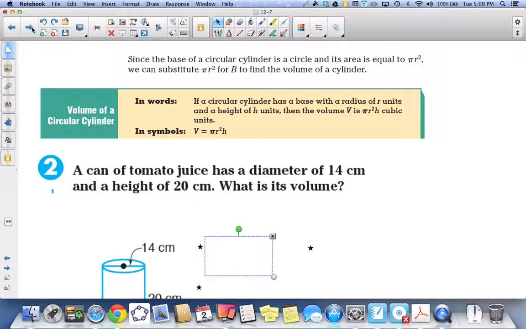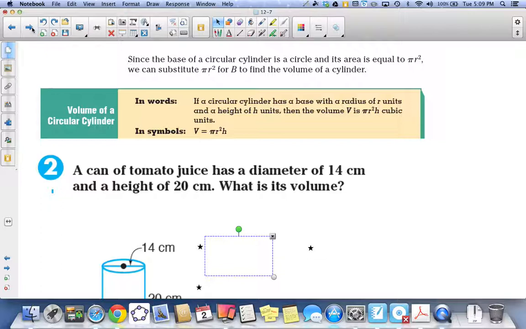After that, let's look at a circular cylinder. Since the base of a circular cylinder is a circle and its area is equal to pi r squared, we can substitute pi r squared for big B to find the volume of a cylinder.